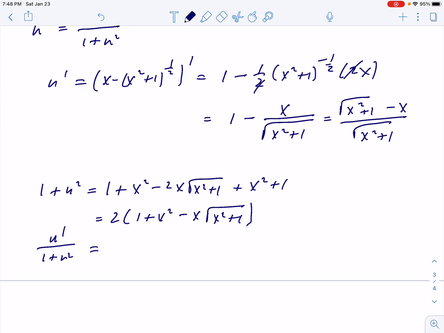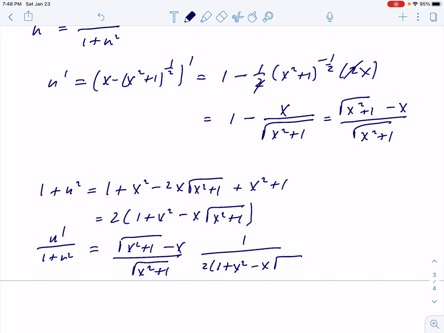U prime, this was root x squared plus 1 minus x over root x squared plus 1. And now we have to divide by, what is it in here? I shall write first separately, 1 over 2, 1 plus x squared minus x root x squared plus 1.